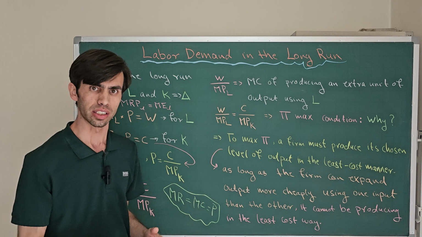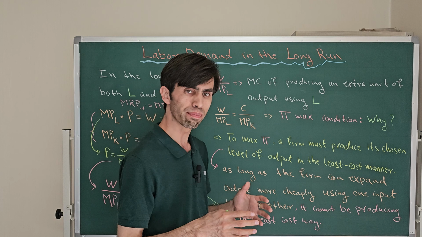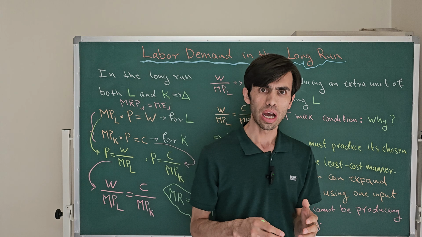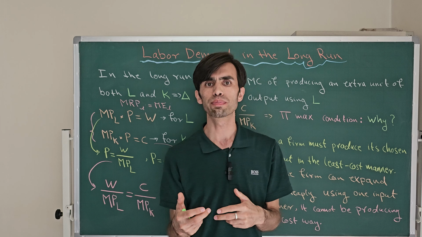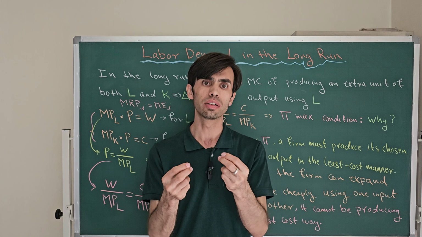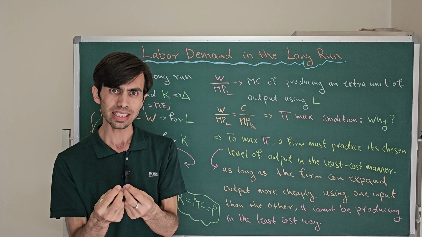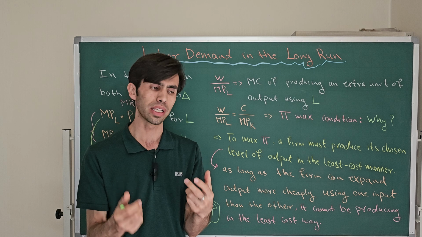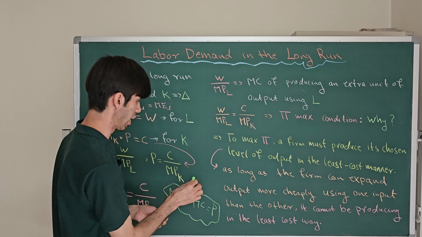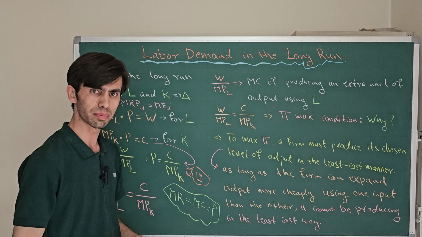satisfying this equality. For example, if you produce one more unit of output by using capital with $12, it means the marginal cost of that output using capital is $12.